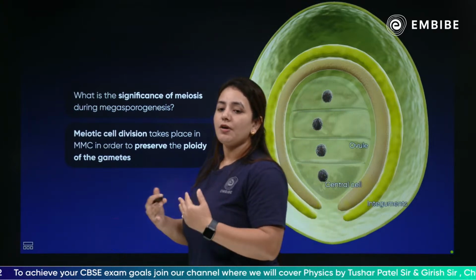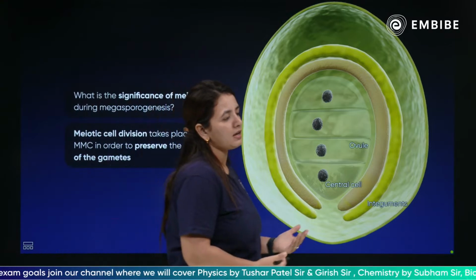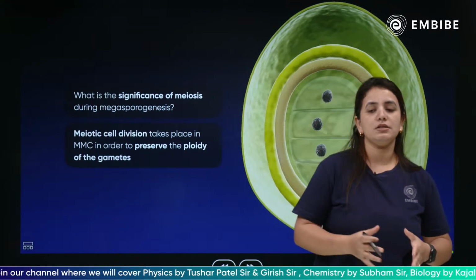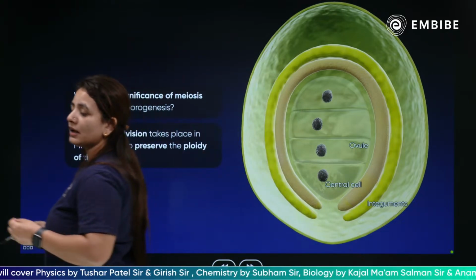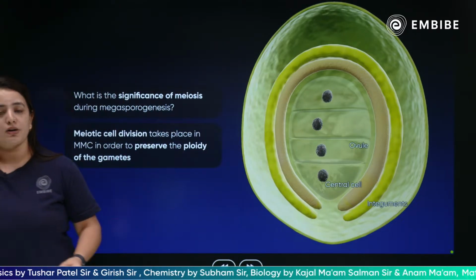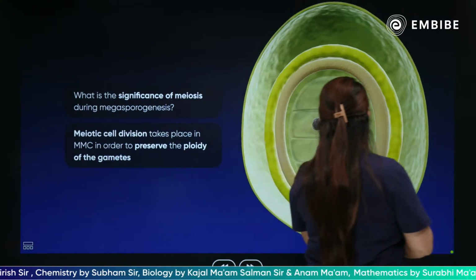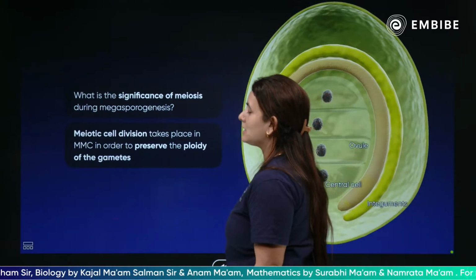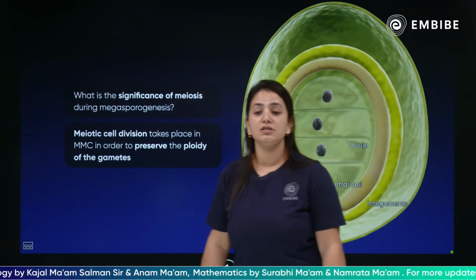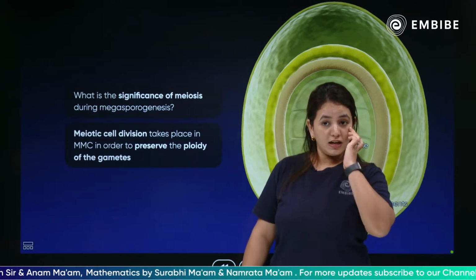The male gamete has to be haploid, the female gamete has to be haploid, and both gametes will fuse to create a diploid cell, which will create a new plant. So megasporogenesis undergoes meiosis to maintain the ploidy of the gamete. Clear?